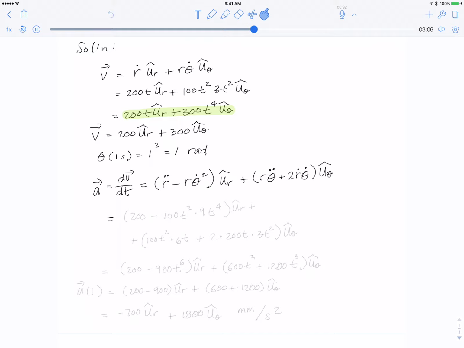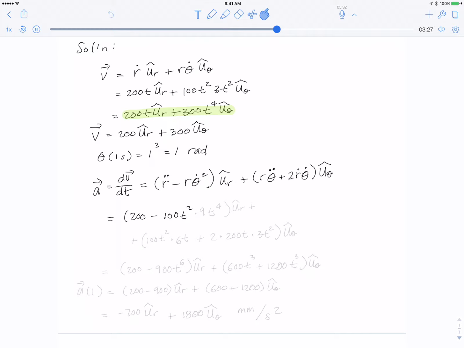So we need to put in all the derivatives. Two derivatives of r is just 200, minus r, 100t squared, times theta dot squared.